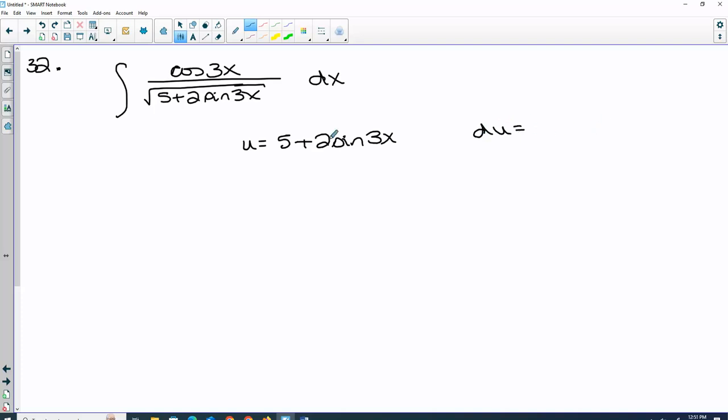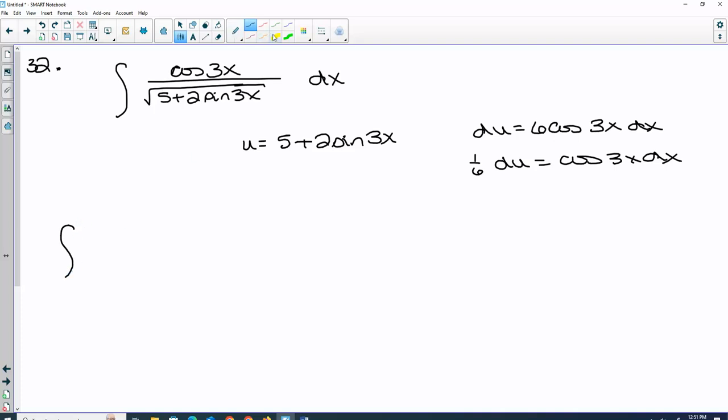The derivative of 5 is 0, so that's gone. Plus 2, what's the derivative of sine? Cosine. Angle stays the same, times the derivative of the angle, 3, so 2 times 3 would be a 6. So 1/6 du would replace the cosine 3x dx.